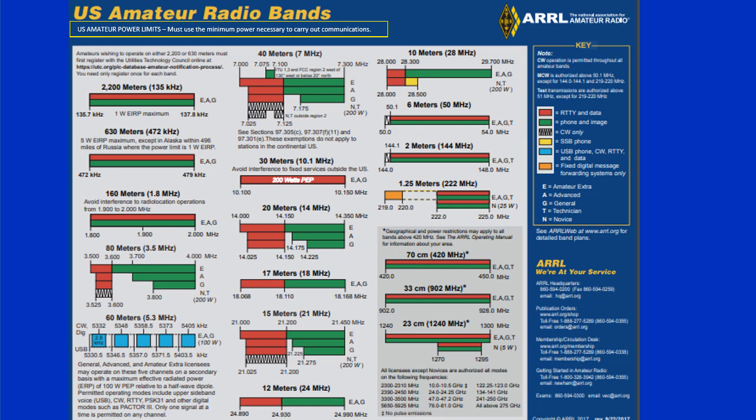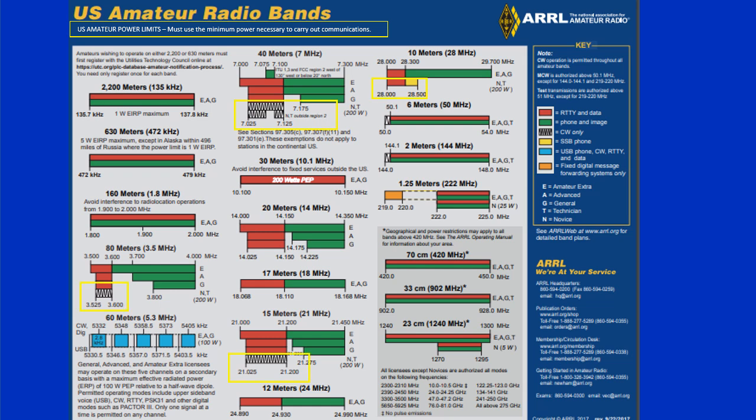By reducing your power, you may have a conversation with Johnny, and now you're only going 800 miles in distance, but the people who are further than 800 miles can use that same frequency and would not be interfering with you, and you would not be interfering with them. So that's the whole idea of reducing your power to where it's needed. I'll be honest with you, that practice isn't always used, but it is a good thing to get in mind.